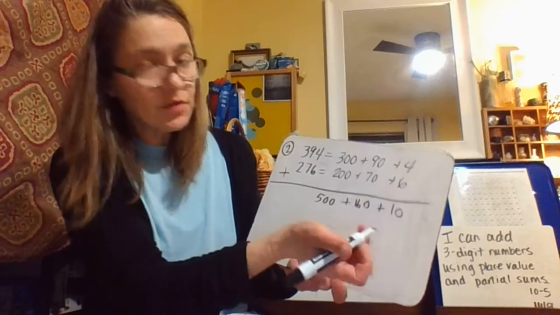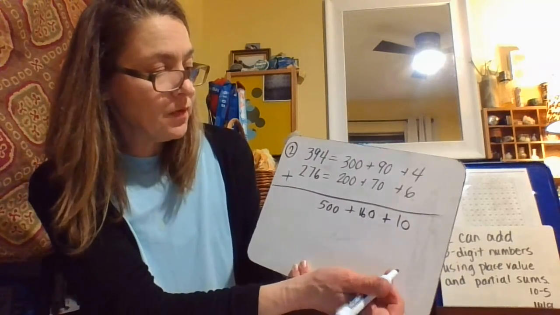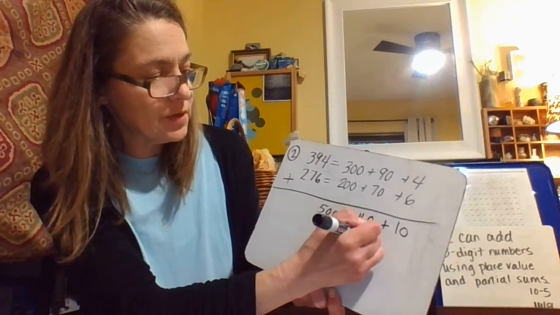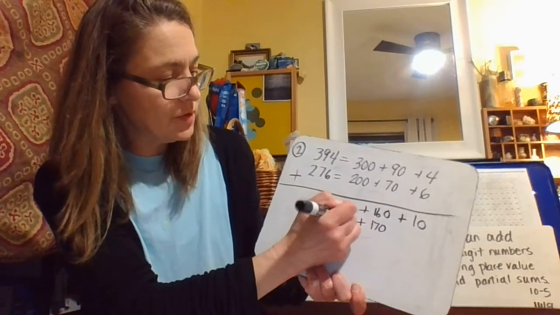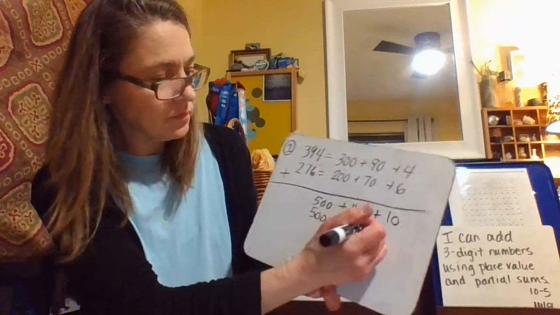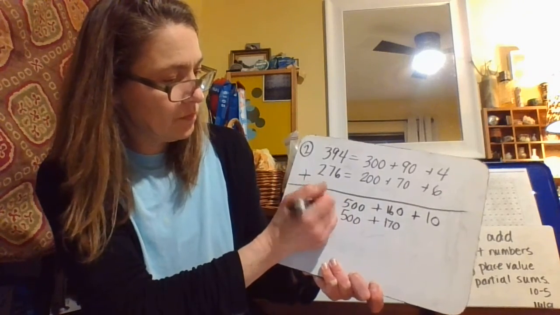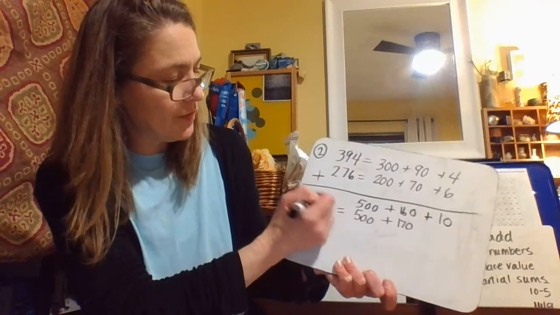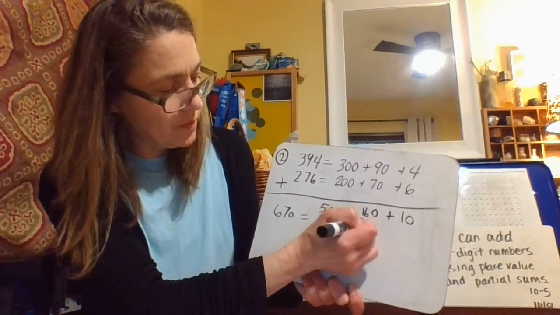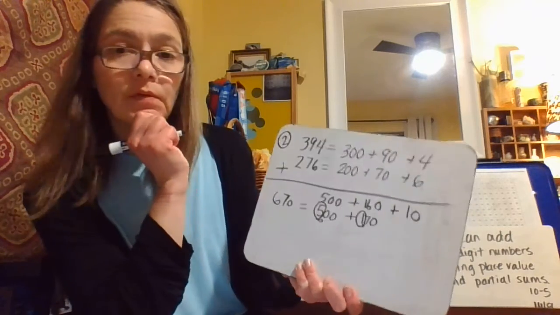So now we're going to do some regrouping. So we have 10 plus 160 is 170 plus 500. And now we're going to have 70. And then 100 plus 500 is 600. So you see where that comes from? This is the hundreds.